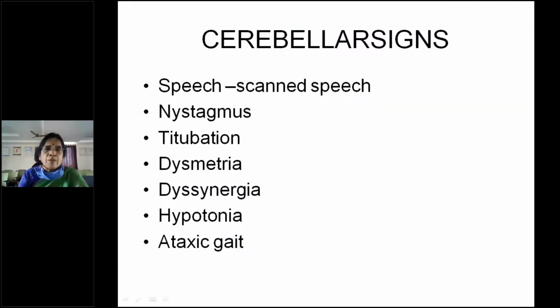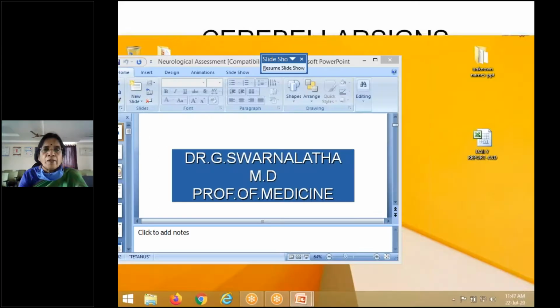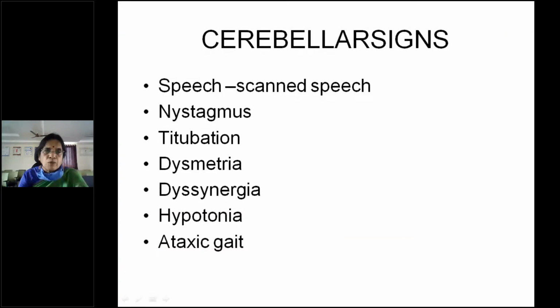Horizontal nystagmus, usually you can get in muscle paralysis or a cerebellar sign. On the side of the lesion you may find nystagmus. But if you keep the gaze at the extreme periphery, sometimes they may have it, but that is not considered an abnormal movement. So you have to make out whether it is horizontal, vertical, or rotatory nystagmus.